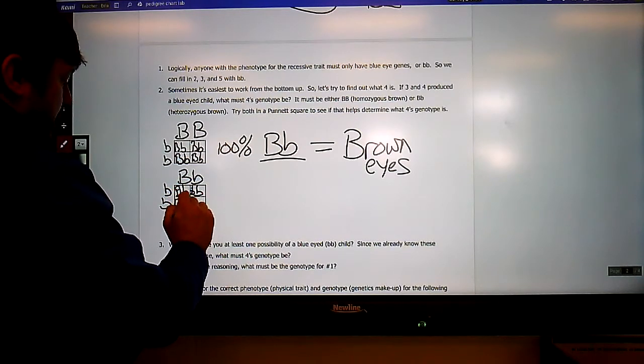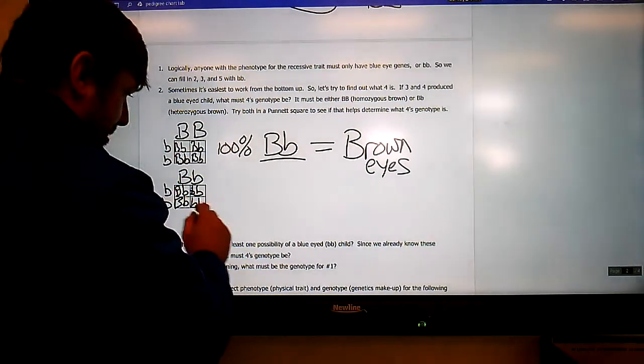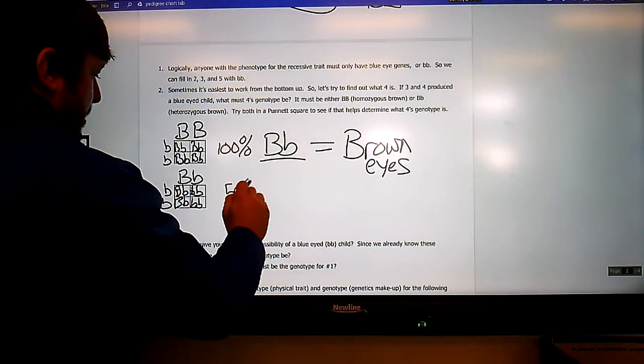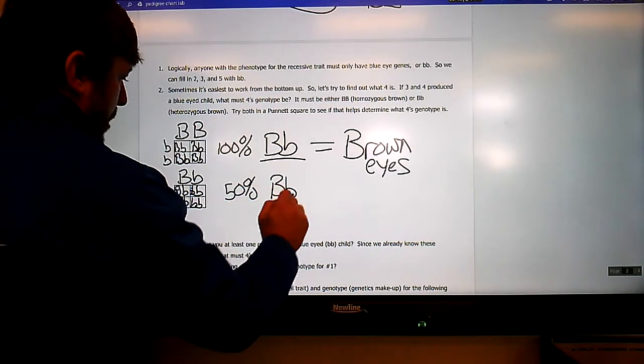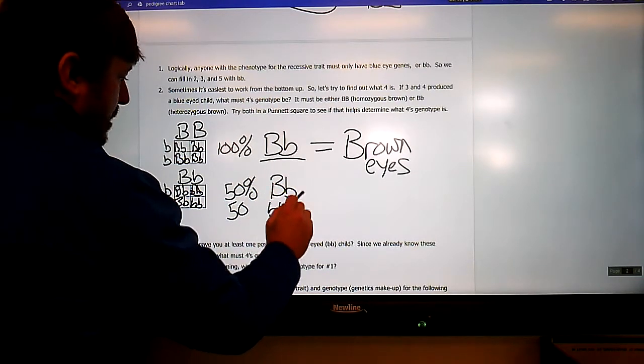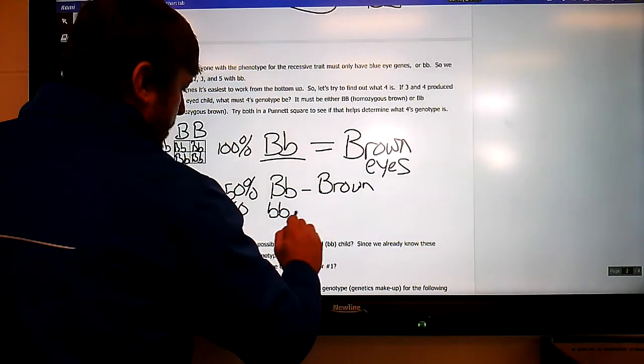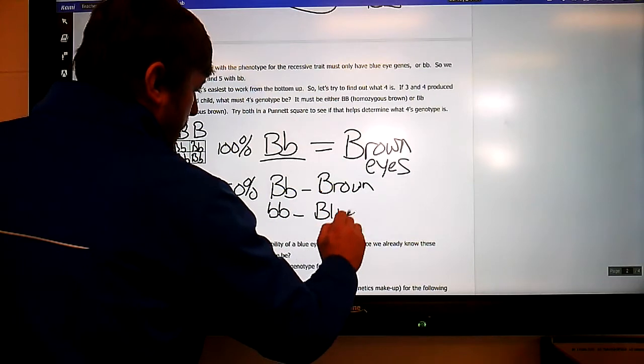In these 2 boxes, you have 2 lowercase b's. So in this case, you're going to have 50% capital B, lowercase b, and then 50% lowercase b. This would be brown again, but this one would be blue.